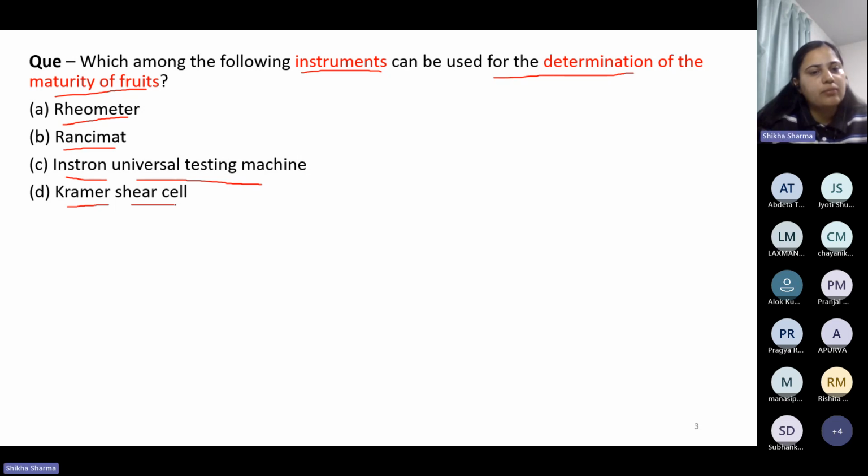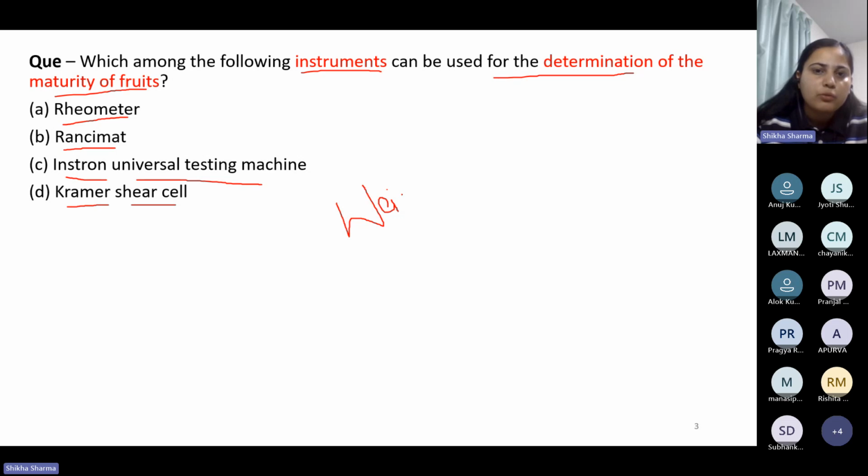Anyone? Which properties do we determine while understanding the maturity of fruits or the ripening of fruits? Can anyone please tell me the names of the properties? Sometimes when we try to understand whether the fruit has matured or not, what we calculate is weight loss, right?